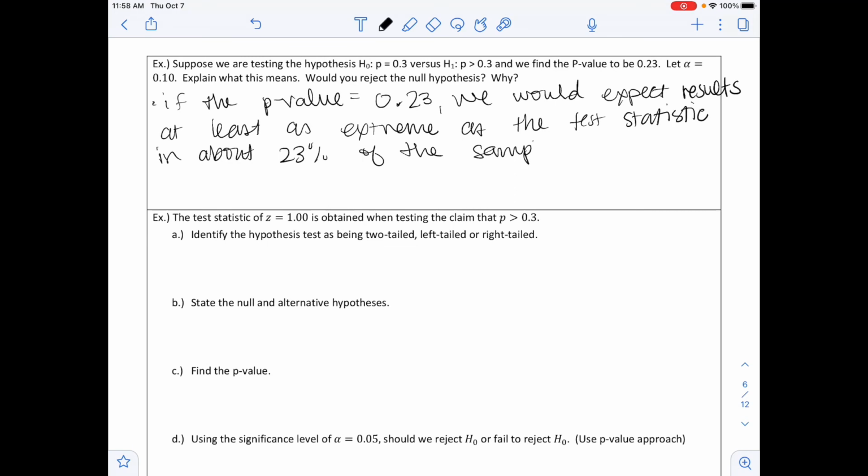But again, this is assuming that the null is true. So if the null, which in this case our null is p equals 0.3, is true.